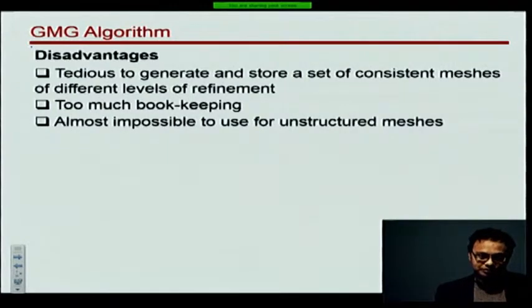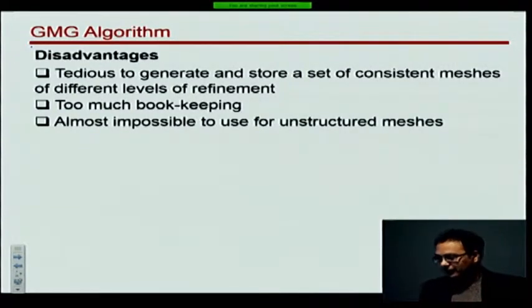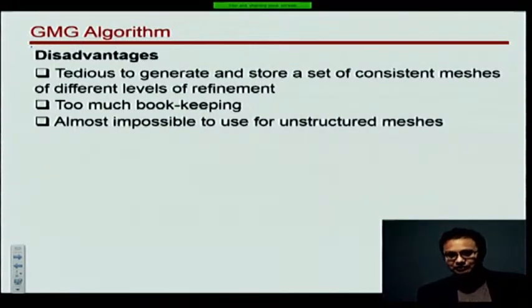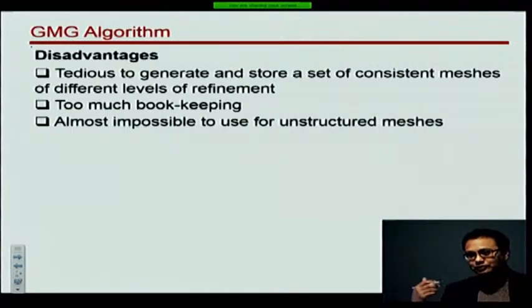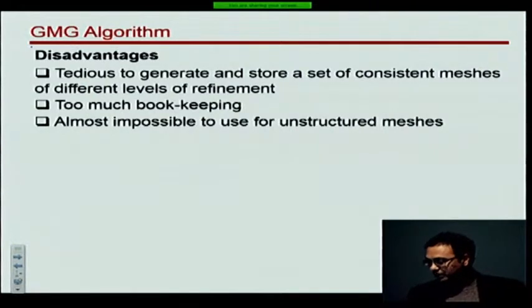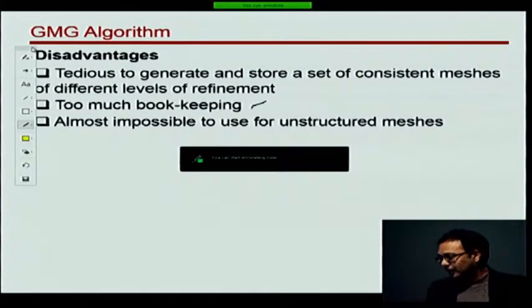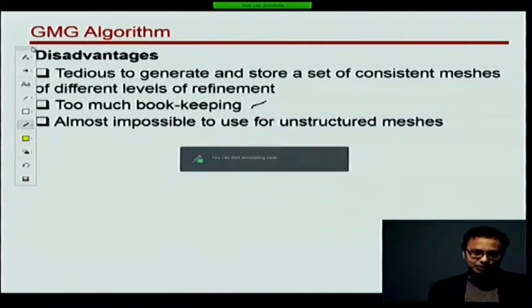That's not easily done if you have a complex geometry. Generating one grid itself can be a pretty painful task, and now you're talking about generating multiple meshes and storing all that information. So there's a lot of bookkeeping involved.